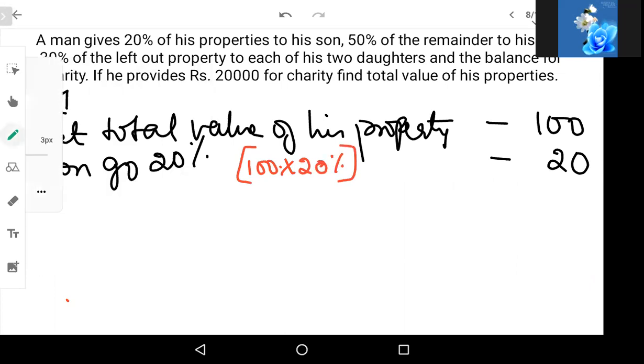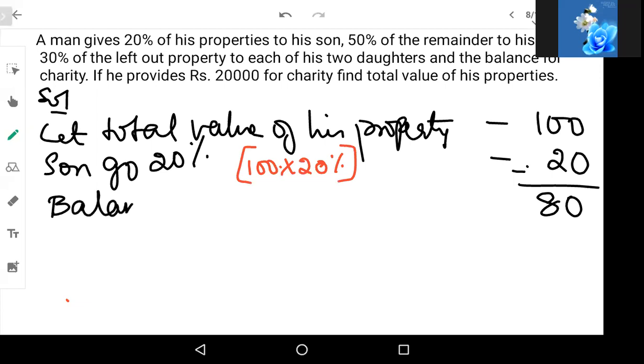So what is the balance that is remaining? If you subtract, you will have 80 as the balance. Out of 100, if his total property is 100, 20% is given to the son, so 80 is remaining. Now, next, 50% of the remainder, whatever balance is left out, he is giving to his wife. Now, balance left out is 80.